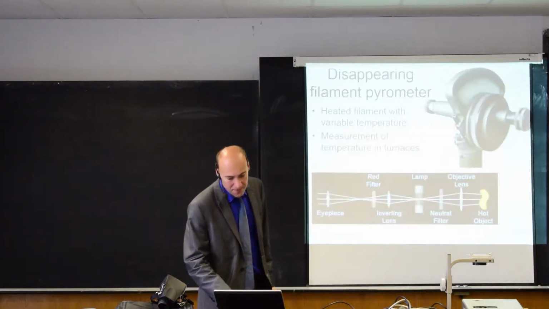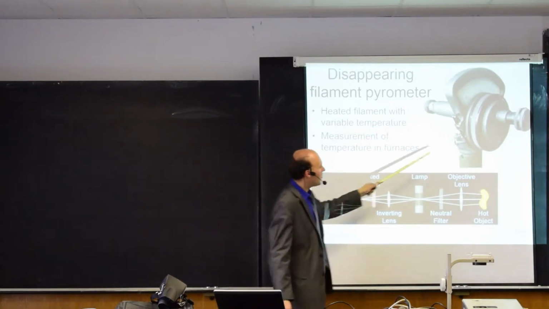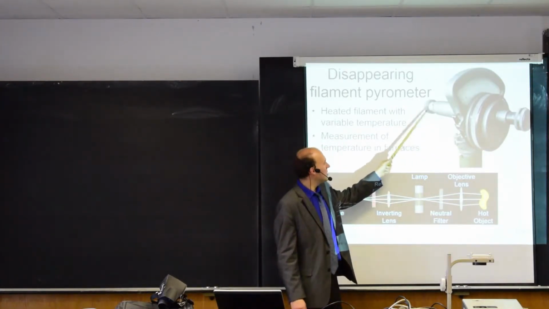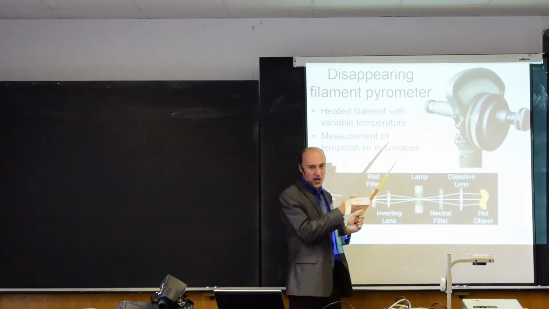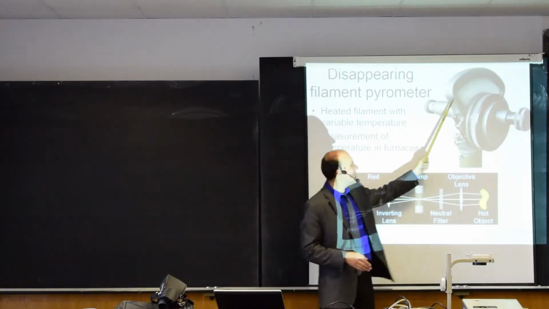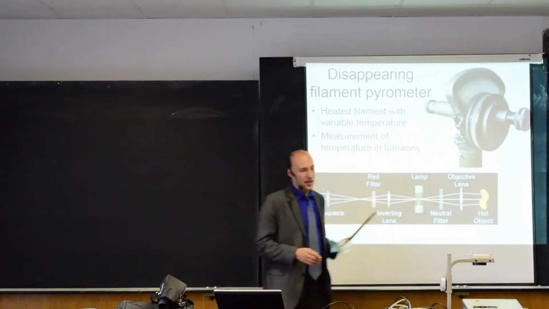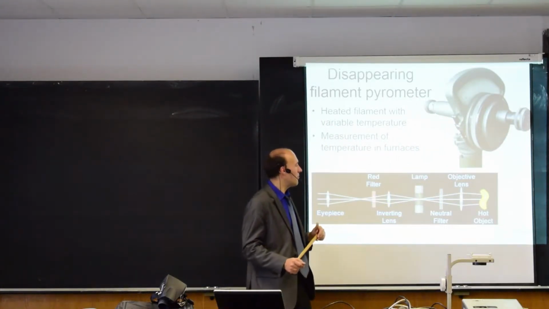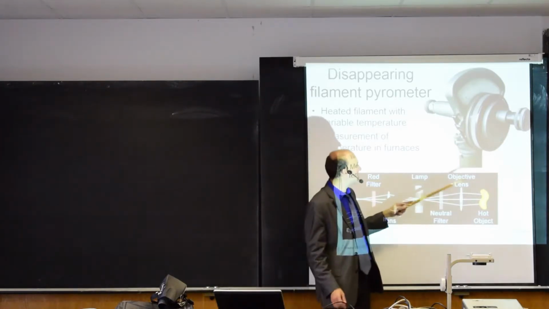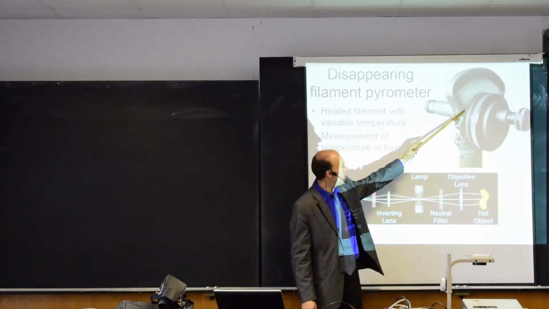So here you have an example of this device. This is where you look at the object itself. Here you have a scale that is calibrated in temperature, so centigrades, for example. And the bulb is inside.